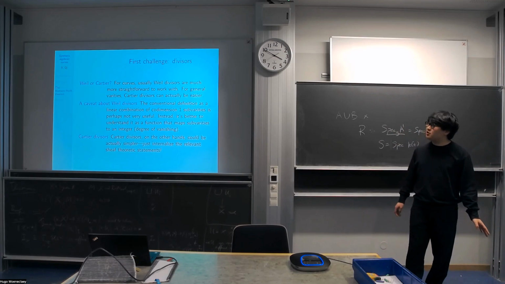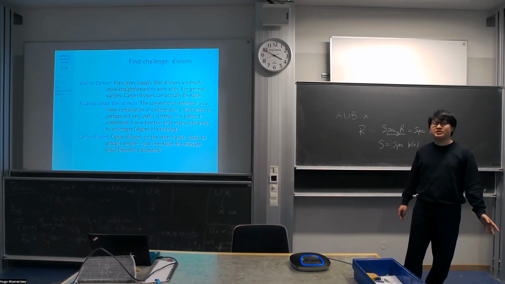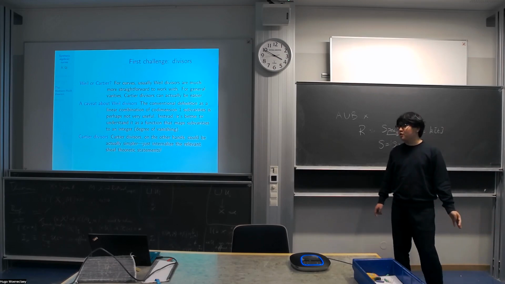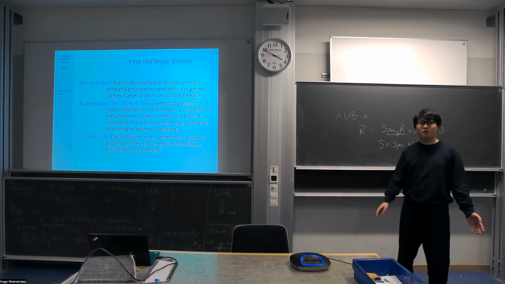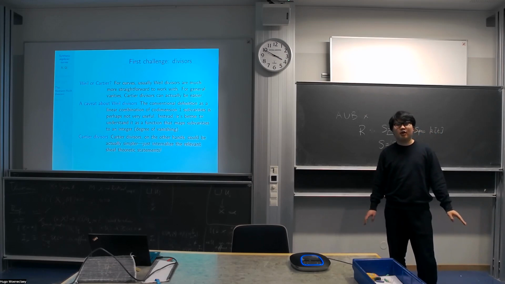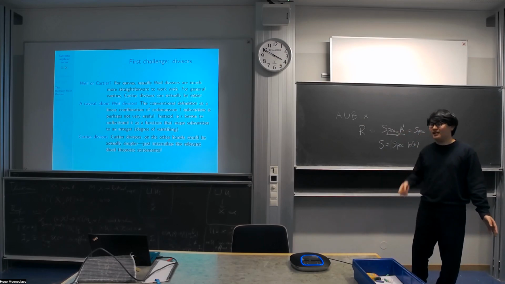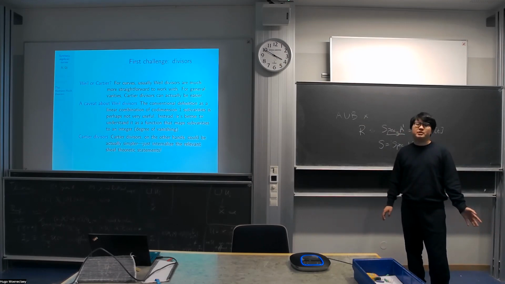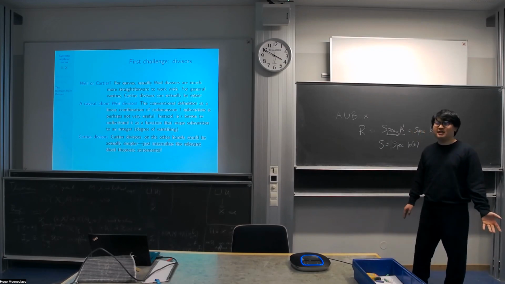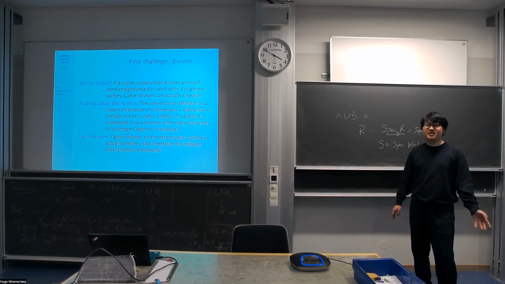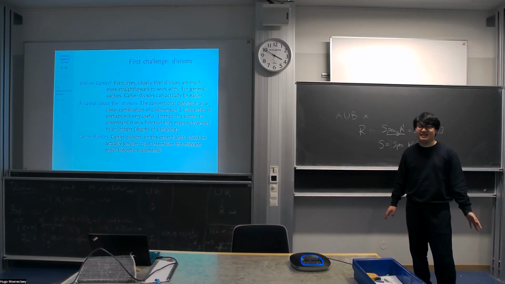For curves, usually Weil divisors are much more straightforward to work with, because Weil divisors are just formal linear combinations of codimension one subvarieties. In the case of a curve, the codimension one subvarieties are just points. So it's just a formal linear combination of points.